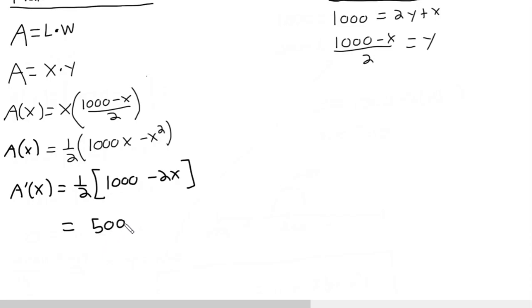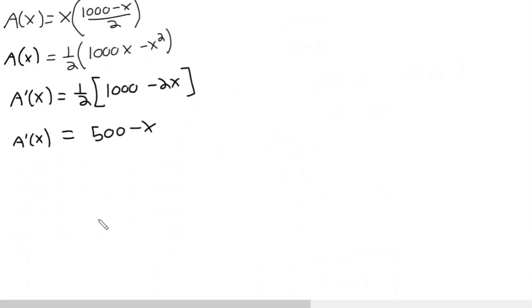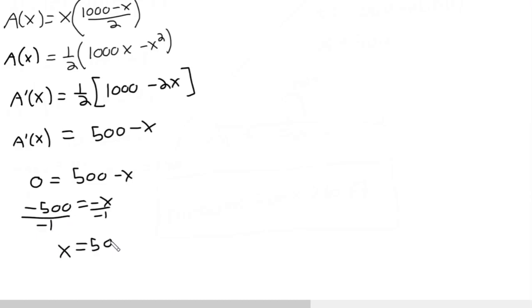I get 500, not 5,000, 500 minus x. And that's my A prime of x, but remember we set it equal to 0 in order to get a max or a min. So 0 equals 500 minus x. Negative 500 equals negative x. Divide both sides by -1 to get x by itself, and I get x is equal to 500.